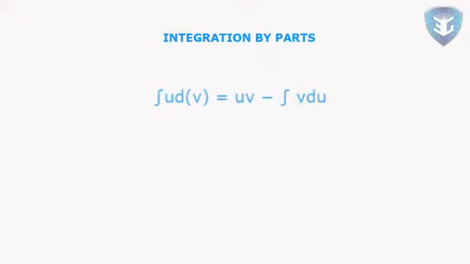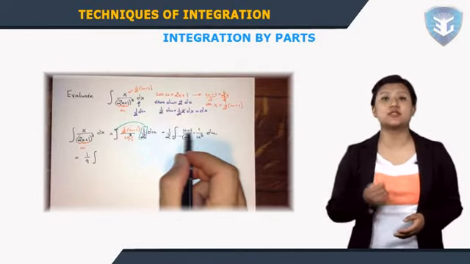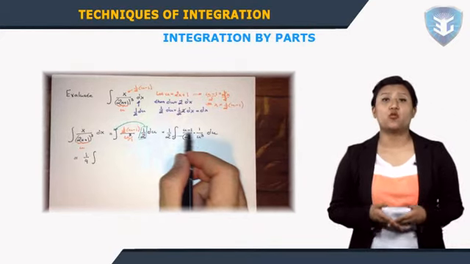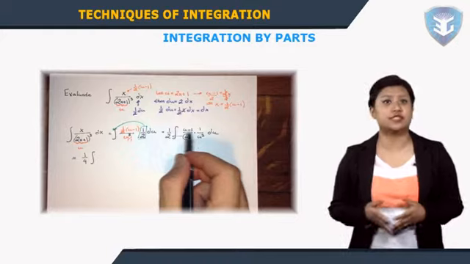We write this result in the most suggestive form as shown. The idea here is that if we have difficulty evaluating an integral such as the integral of u dv, we may be able to exchange it for a simpler integral in the form of the integral of v du.